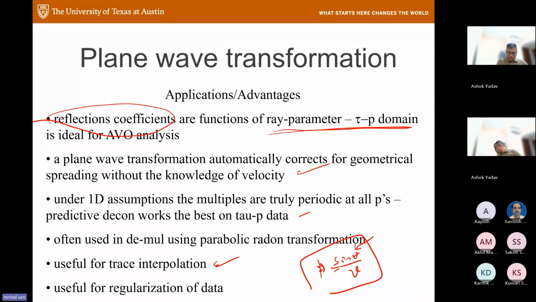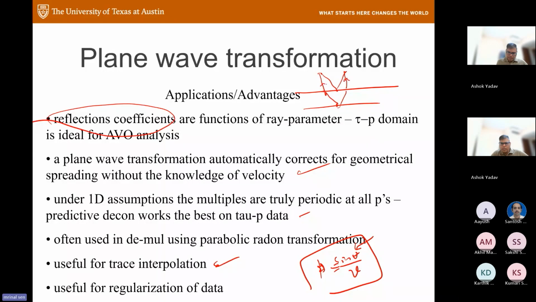People understand better when you talk in terms of angle, but angles and plane waves are not the same concept. Say, for example, you take a simple two-layer case and you're looking at reflections at the same offset. The second reflection goes through here and comes back.